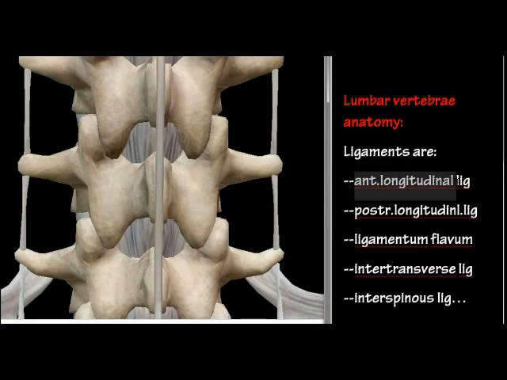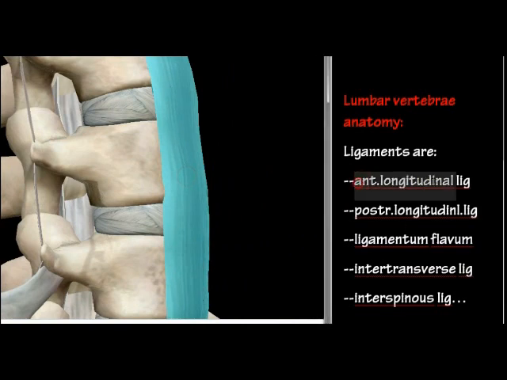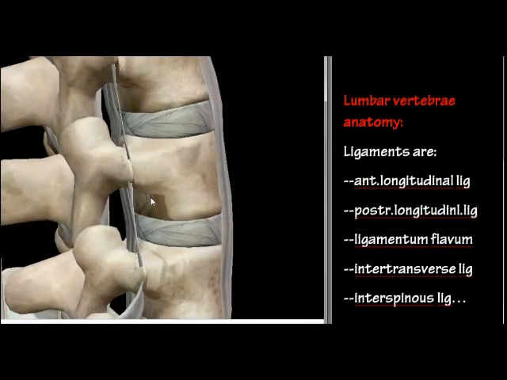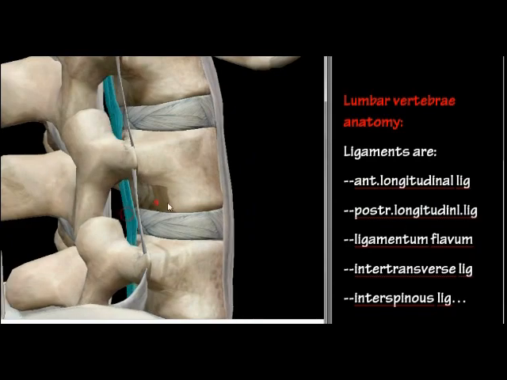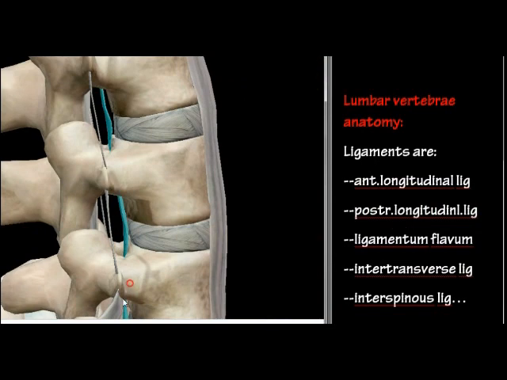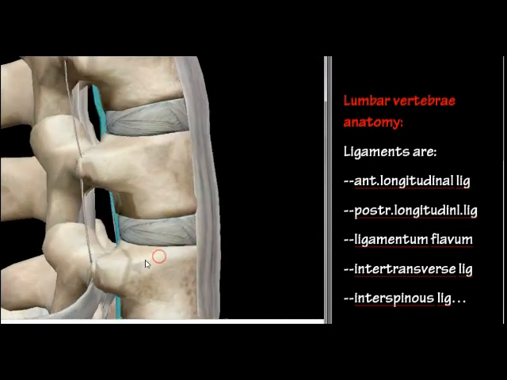Anterior longitudinal ligament. It attaches to the front of each vertebra. It runs up and down the spine vertically. Posterior longitudinal ligament. It runs up and down behind the spine and inside the spinal canal. Ligamentum flavum.